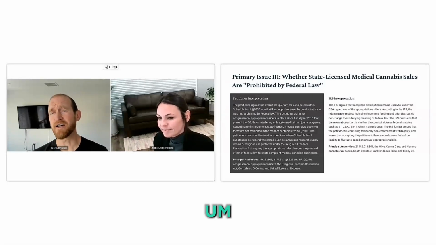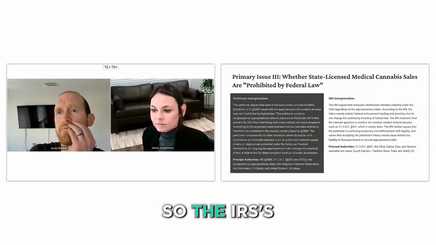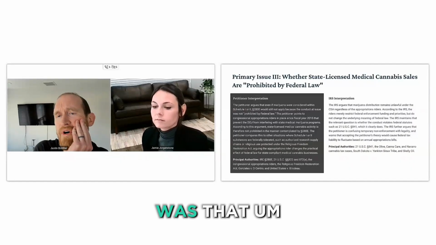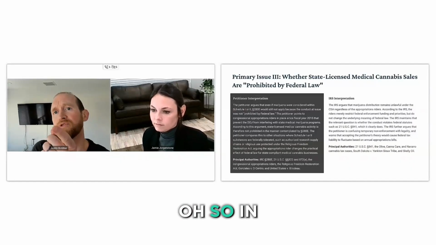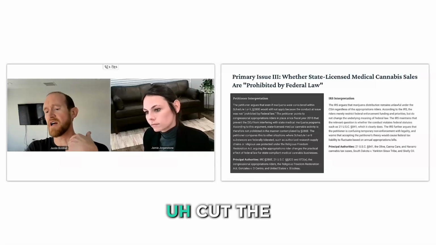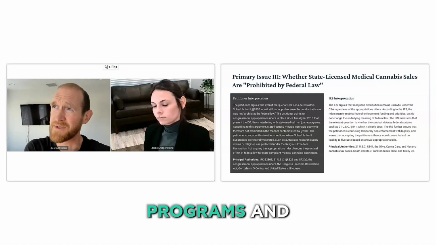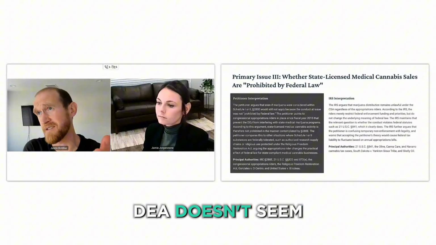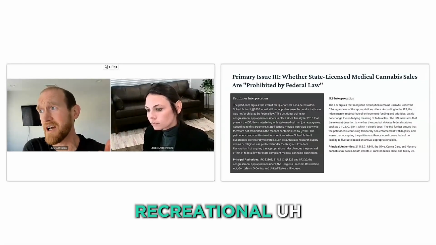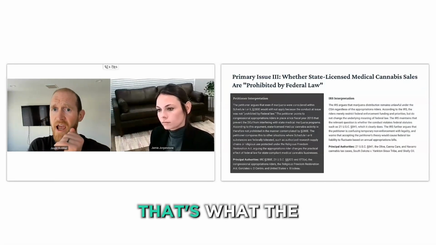Yeah, and the IRS's response, if I recall correctly, was that in 2015 Congress cut the funding out to go after these programs, and the DEA and the DOJ don't seem to be going after recreational cannabis either. So they're reprioritizing, and that's what the IRS says.